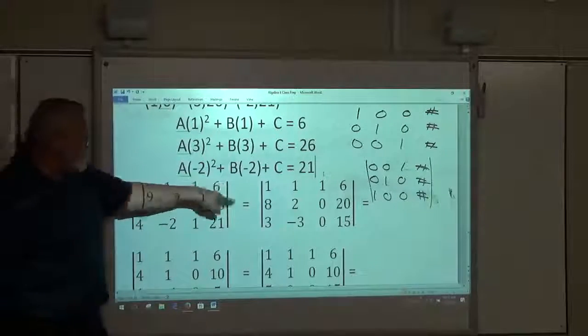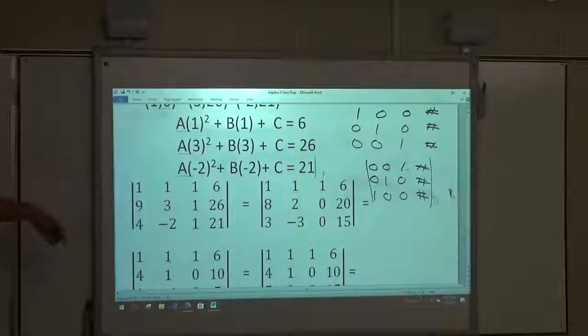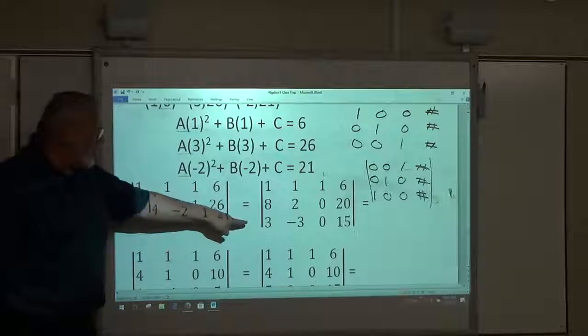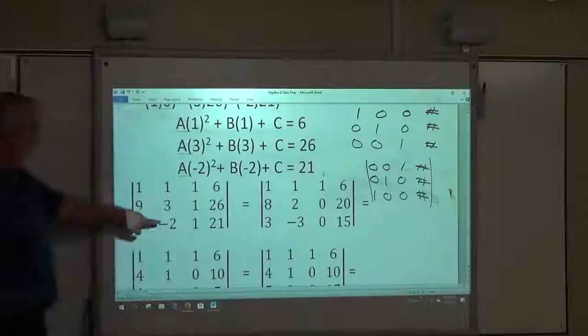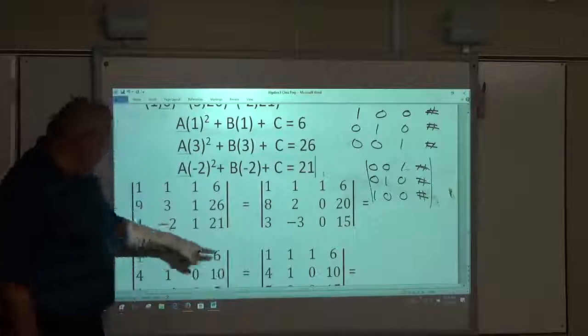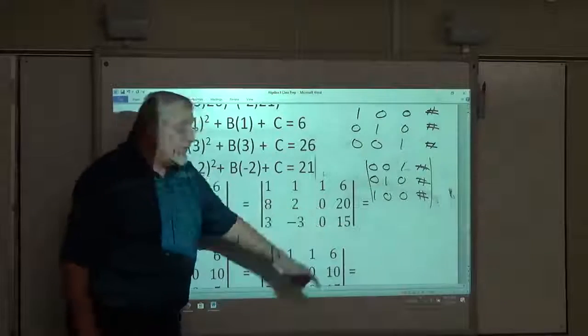And 26, subtract 6, is 20. And then do the same thing with this row, subtract this row, and put it in the third place. 4, subtract 1, 3. Negative 2, subtract 1 is negative 3. Then 1 subtract 1 is 0. 21 subtract 6 is 15.